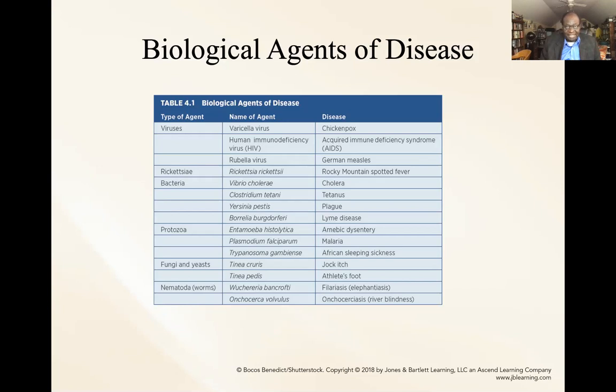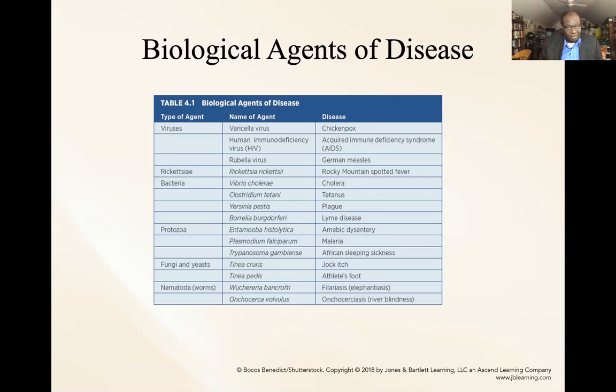The disease that they create is acquired immunodeficiency syndrome, AIDS. Then you have rickettsia. The disease they cause is Rocky Mountain spotted fever.